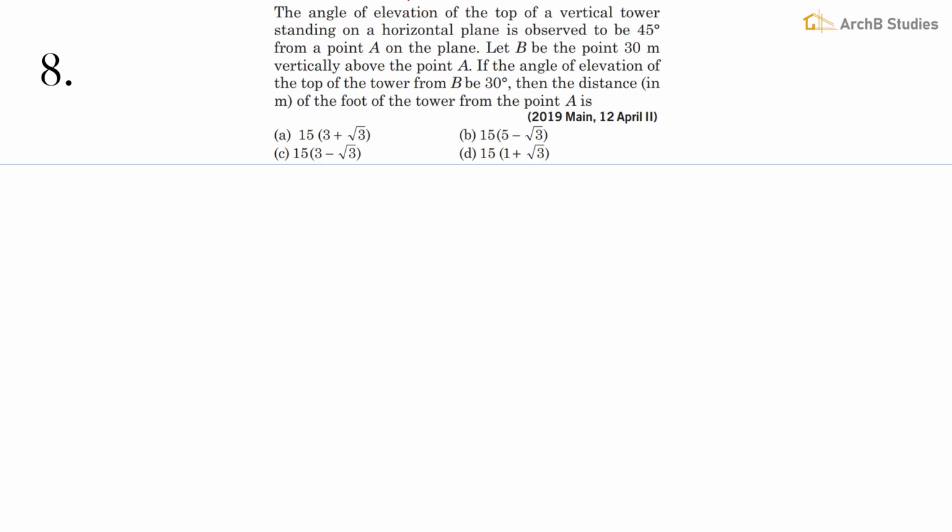Eighth is, the angle of elevation of the top of a vertical tower standing on a horizontal plane is observed to be 45 degrees from a point A on the plane. So the angle of elevation of the top of a vertical tower standing on a horizontal plane. So let's take this as a horizontal plane.